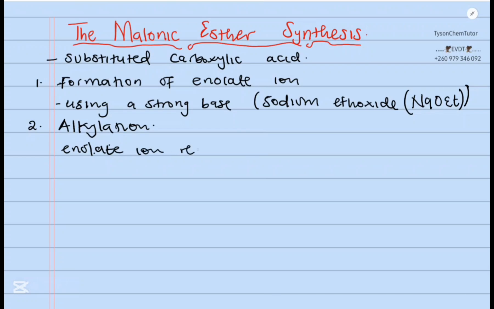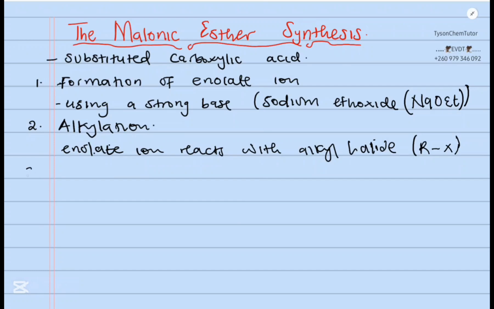An alkyl halide, we know, is denoted by RX, where X is the halogen. That's step number 2.